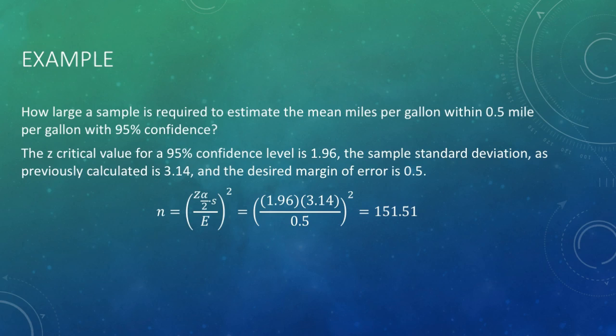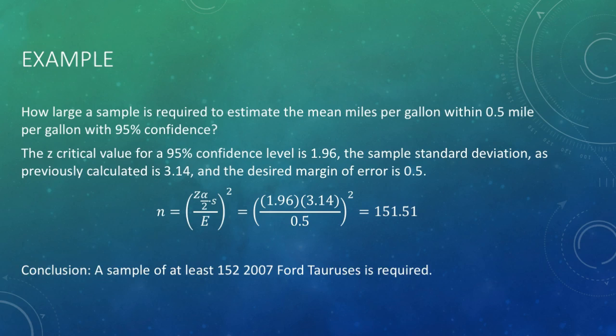I got 151.51, and don't forget you have to round that up, so you would need at least 152 Ford Tauruses in your sample to be able to construct confidence intervals and move further into estimating the population mean, or average miles per gallon in this case.